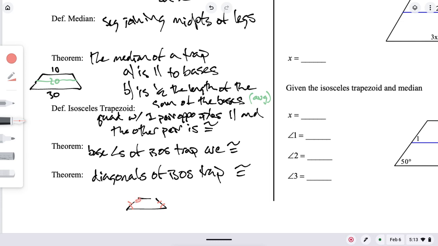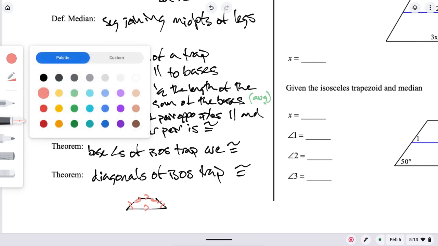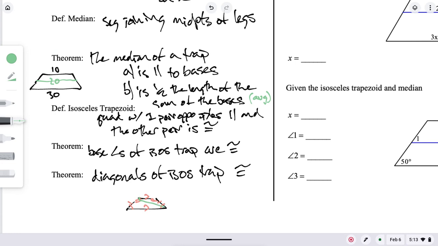The top two base angles are also congruent, but they're not congruent to the bottom ones. They are supplementary to the bottom ones because you have parallel sides here and here. But otherwise, the corresponding base angles are going to be congruent. And then the diagonals of an isosceles trapezoid are also congruent. So if I connect my diagonals, they don't bisect each other, but they do happen to be congruent.